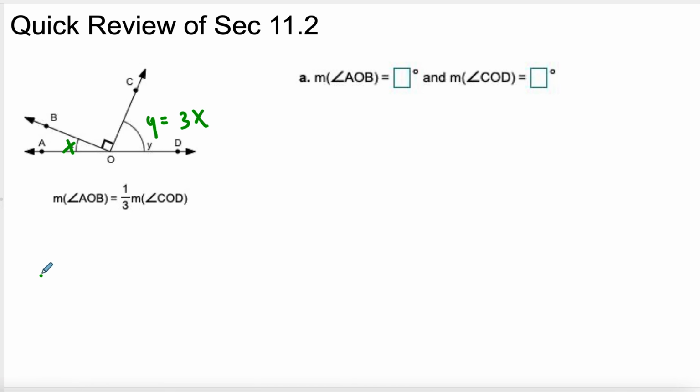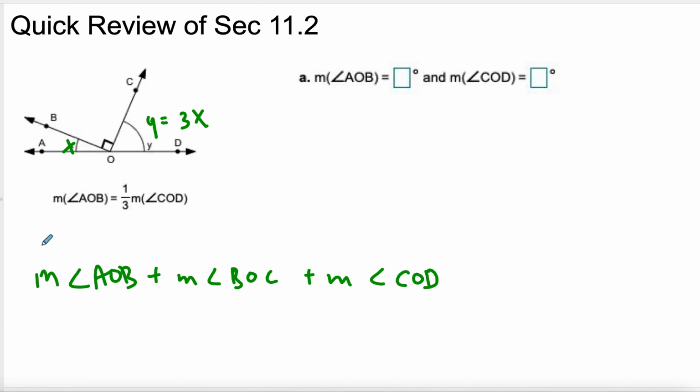So let me write that. Measure of angle AOB plus measure of angle BOC plus measure of angle COD, using the angle addition postulate, that has to be 180 degrees, a supplementary angle.